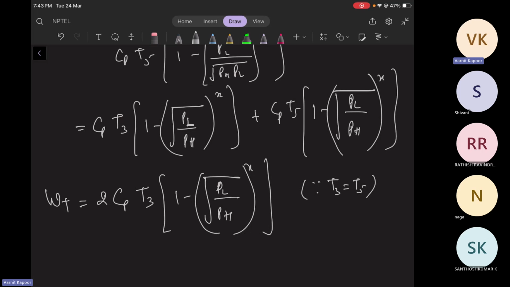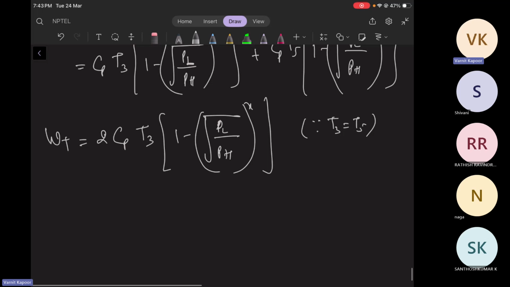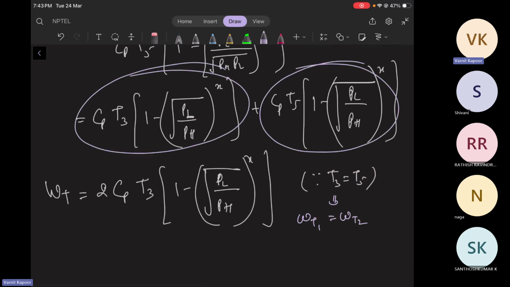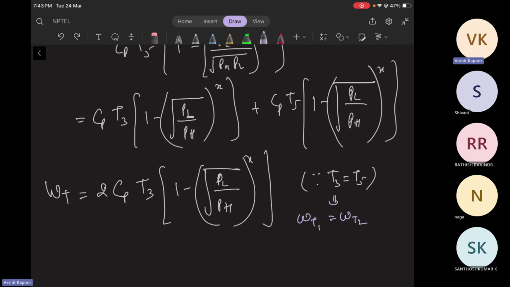So the work done by turbine 1 is equal to the work done by turbine 2, because both expressions are the same. That is why we have written 2 times, and both are equal.